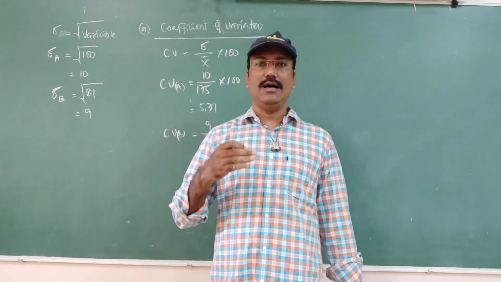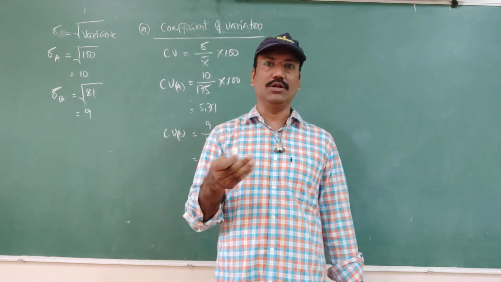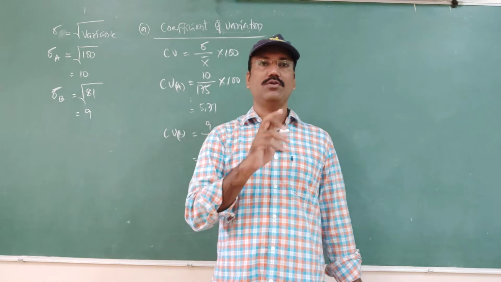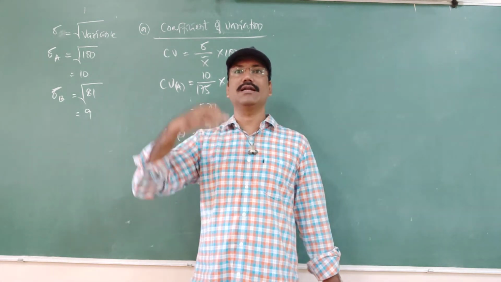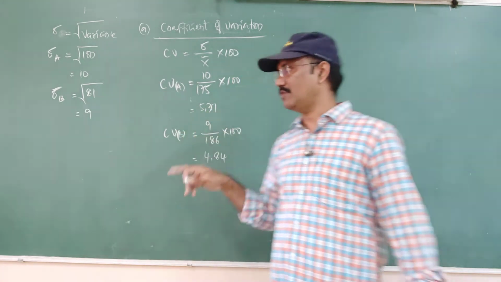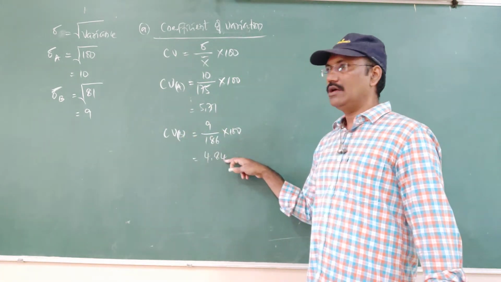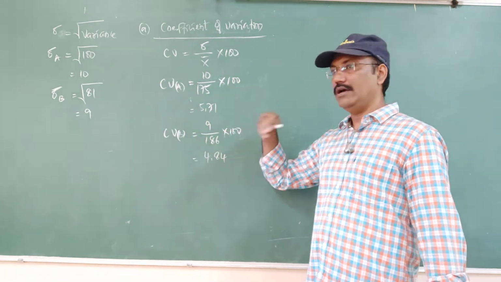In case of variation, what do you have to find? A higher CV means greater variation, and a lower CV means lower variation. The question is: in which village is the income variation greater? They are asking for greater. Out of these two, the highest shows higher variation.